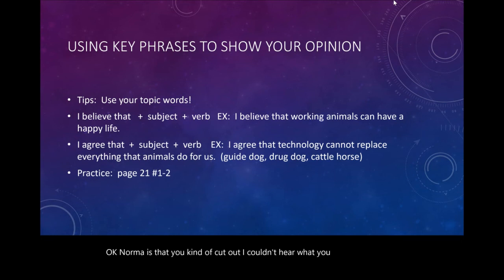You said, I agree with the use of the animals because they can do the work better. Okay, I like that. I agree with the use of animals because they can do the work better. Okay, very good. I like that.